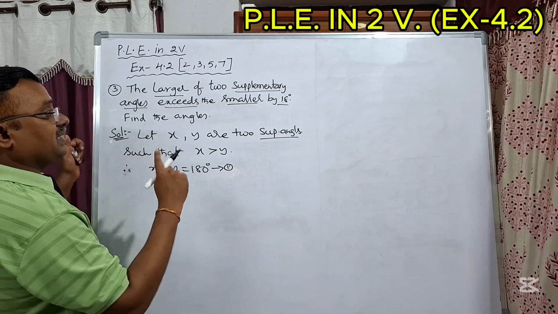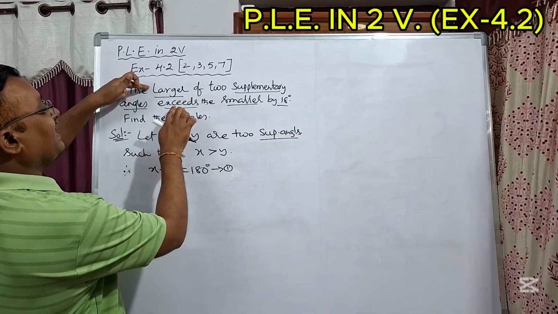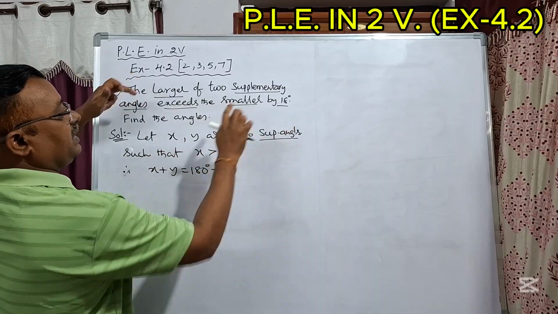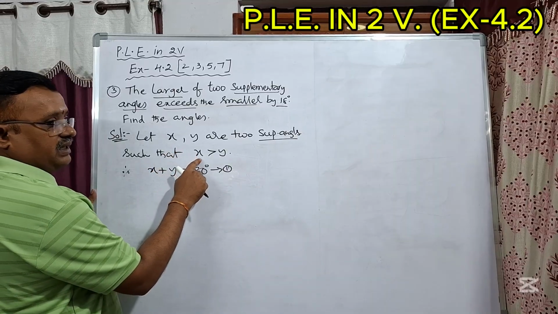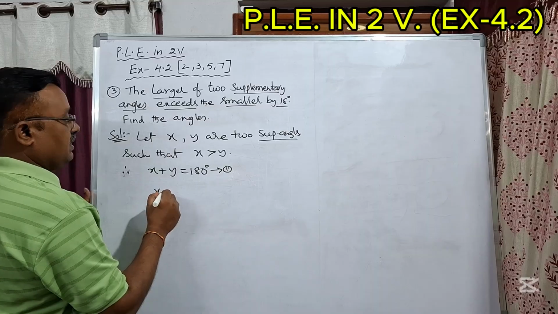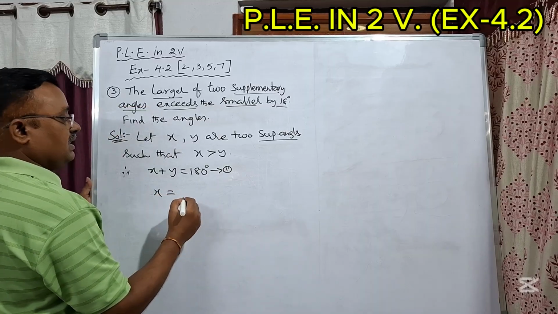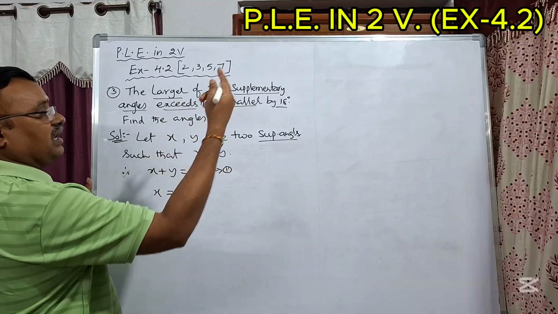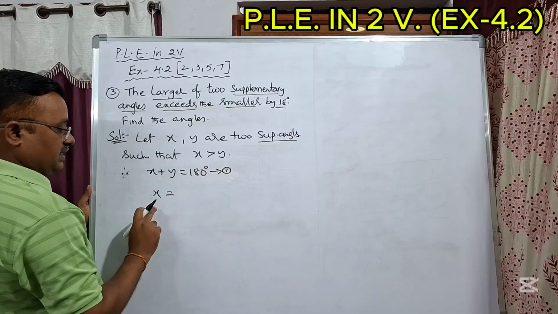Got it? Another condition will be there in the question. What is that? The larger angle exceeds the smaller angle by 18 degrees. According to our consideration, who is the larger angle? x. Exceeds means extra, to whom? The smaller angle. Who is the smaller angle? y.